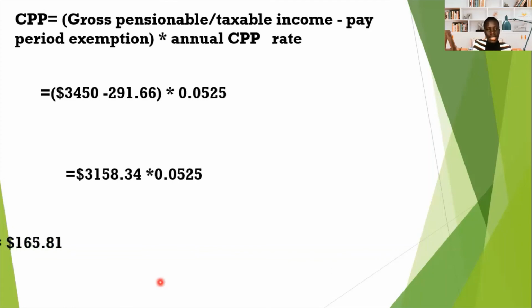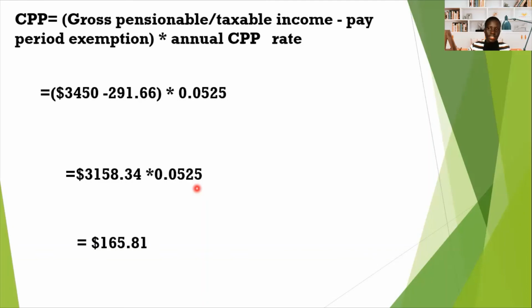So take 3,450 minus 291.66. You have removed the pay period exemption from the income that is earned, and then from there you multiply it with the annual CPP rate.